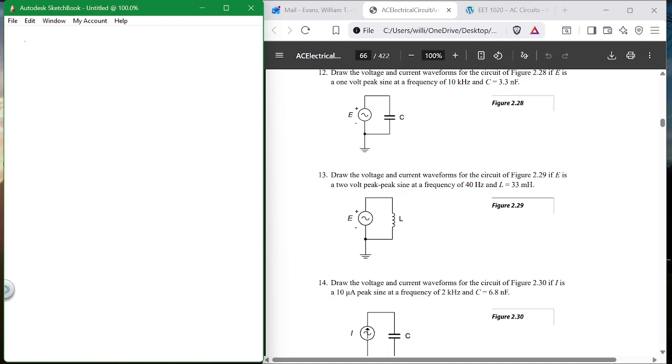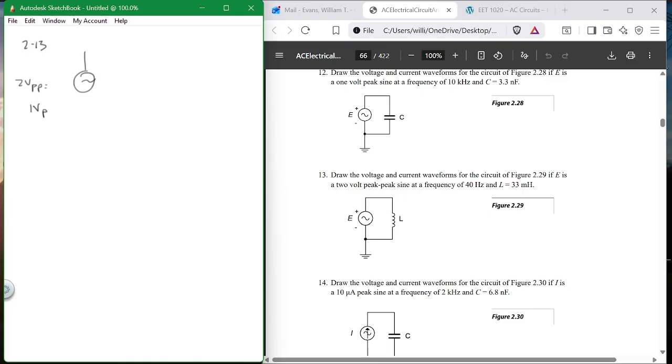You've got a supply, and it's got a 2-volt peak to peak. Now this is where they get you, because what is a 2-volt peak to peak? It's 1-volt peak, right? Exactly. So it's the same thing as the other one, but they're playing a game with you, okay? But it's 40 hertz and L is 33.